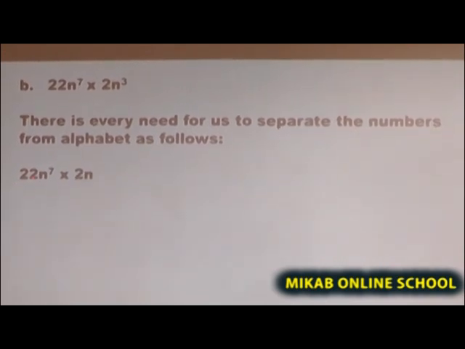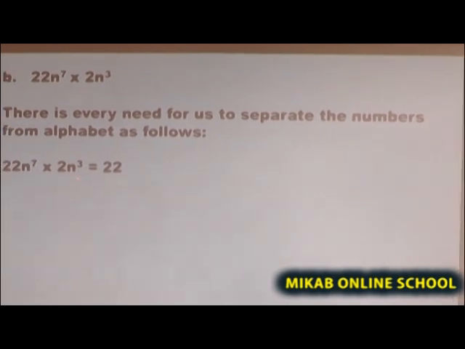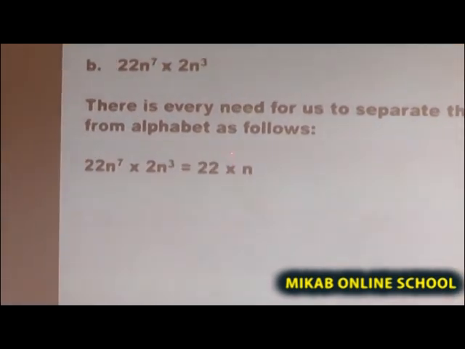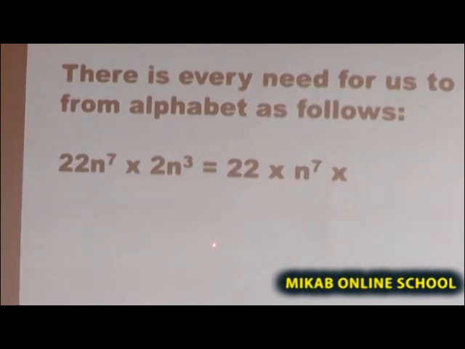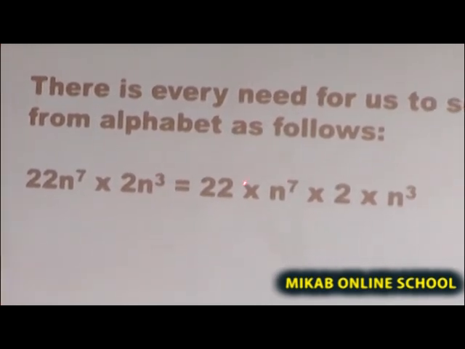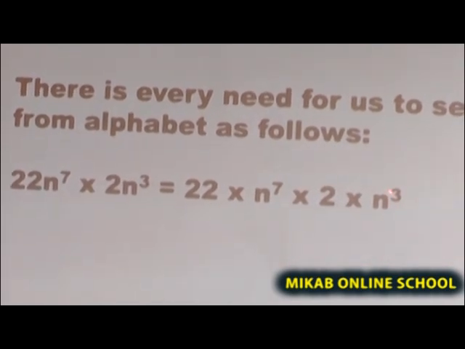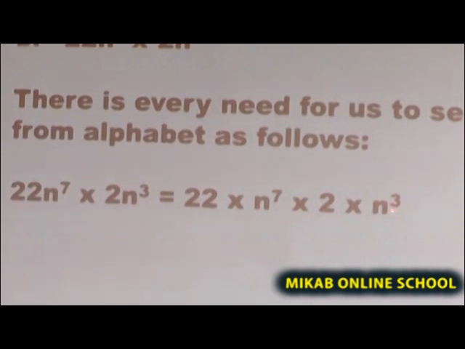So 22n raised to the power of 7 times 2n raised to the power of 3 will be separated as 22 times n raised to the power of 7 times 2 times n raised to the power of 3.